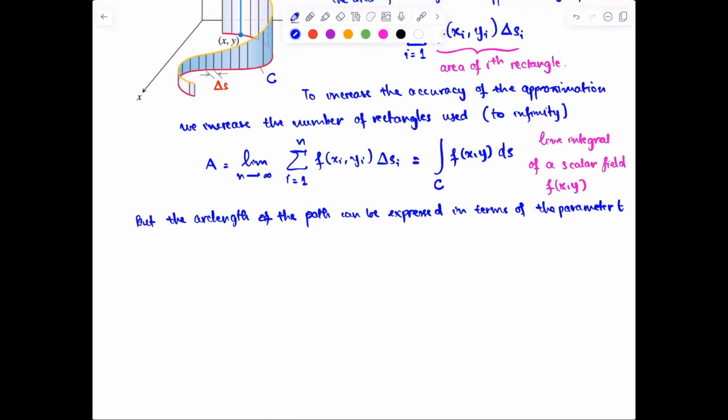All right, so I'm going to use the suffix again. Delta s sub i is equal to the square root of x sub i prime of t squared plus y sub i prime of t squared, times delta t sub i. You saw this formula before, if you go back to lecture 6, when we derived the arc length.